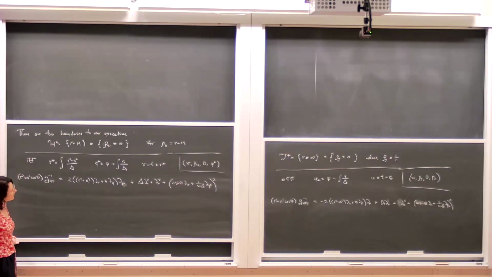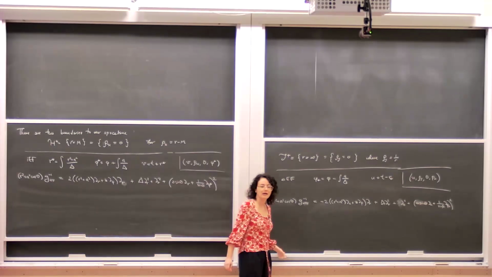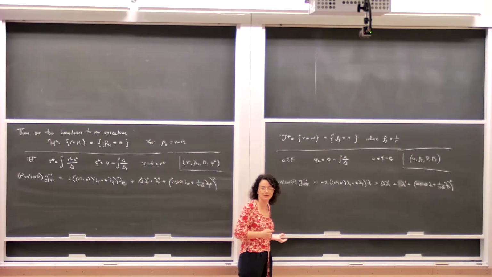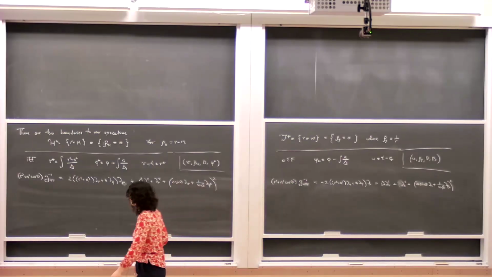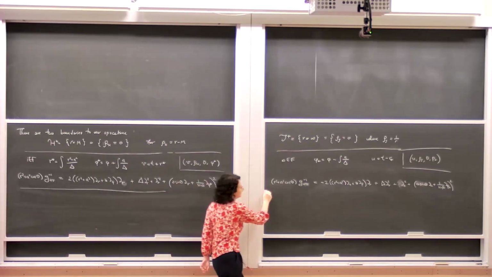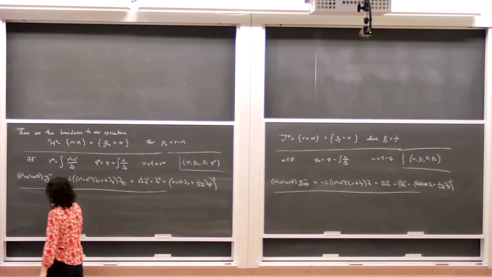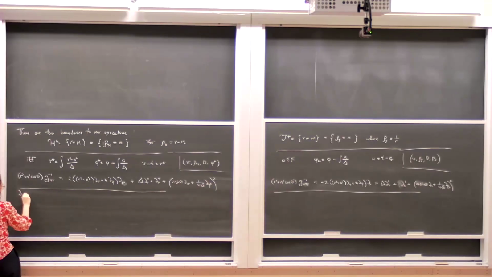I can make it even more explicit if I use, instead of ∂_r, my boundary defining functions as coordinates. In that case, by a chain rule, I can write that ∂_rho_H is equal to the ∂_r in ingoing Eddington-Finkelstein.